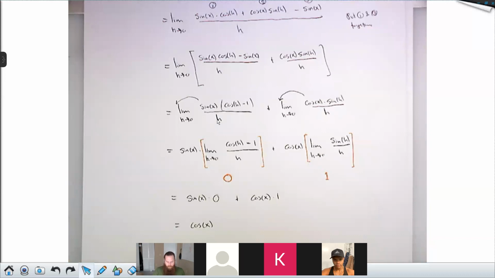Now, the good news is, once you do this for sine, the special trig limits that you need are the same special trig limits that you need to get the derivative of cosine out. So let me try to convince you that this limit is 1 and that this limit is 0.